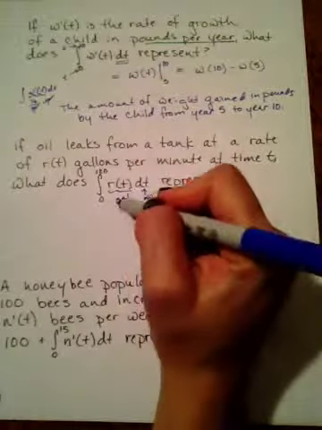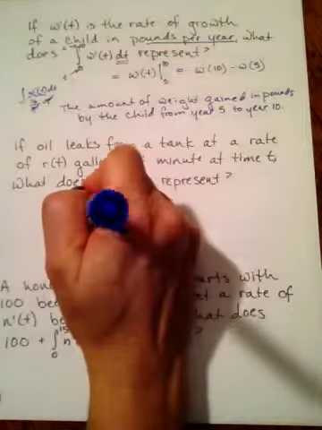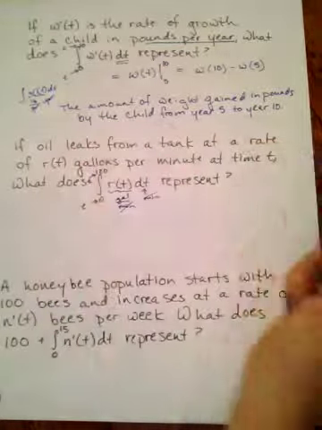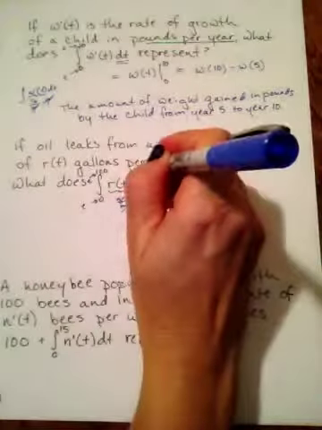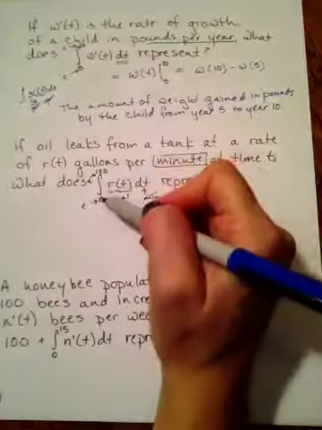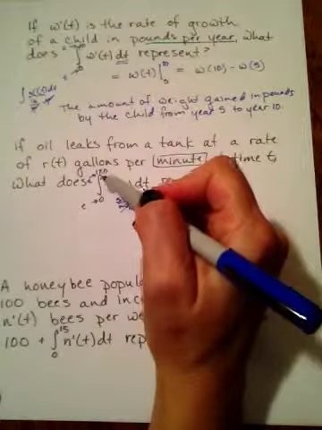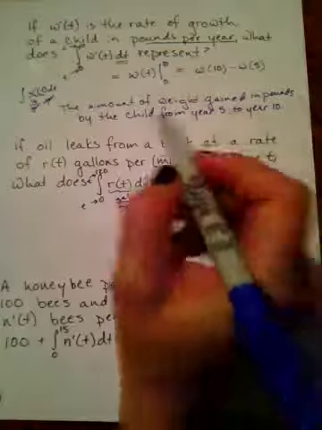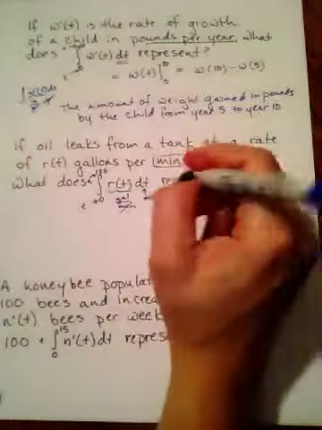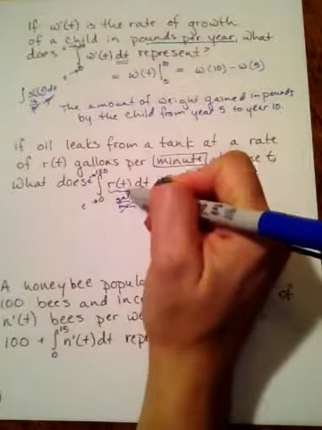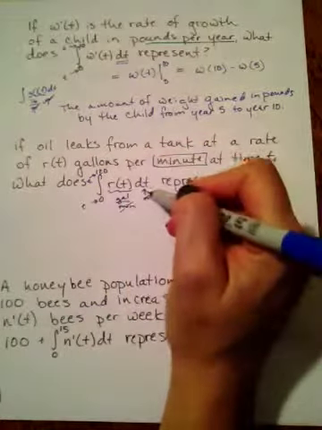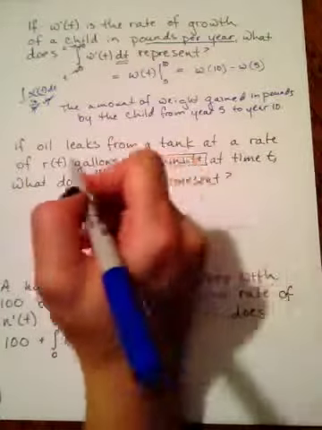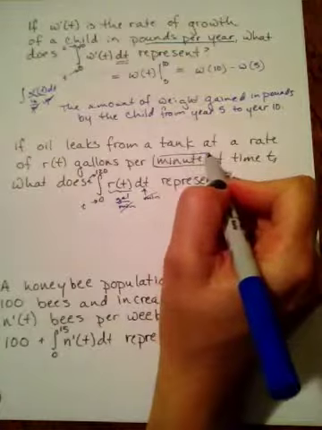Well, gallons from when to when? This is from time 0 to time 120. If I look at this, my time is measured in minutes, so from 0 to 120 minutes, or over the first 2 hours. Either set of units would be fine. But it would be my number of gallons at time 120 minus the number of gallons at time 0. And if we look at the context, the oil's leaking from a tank, leaking.